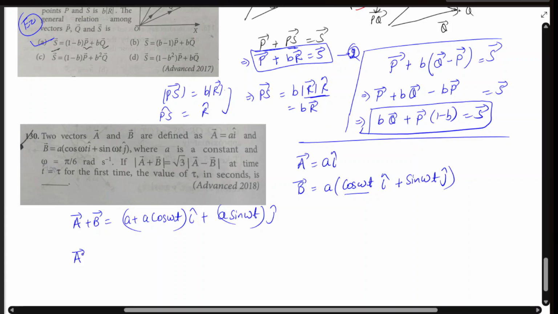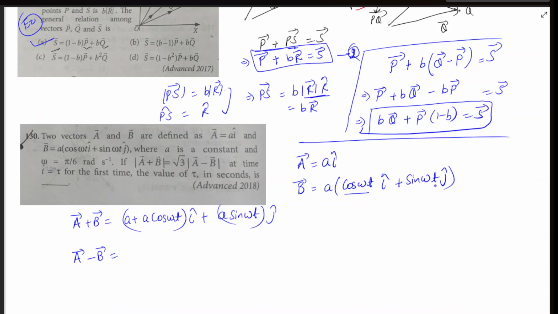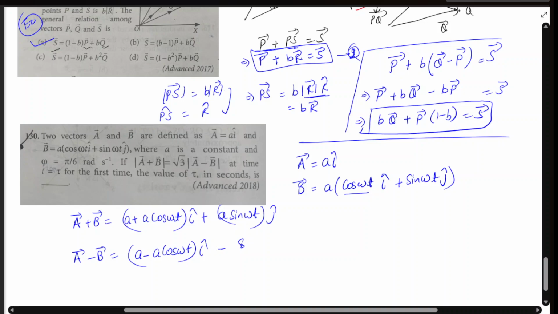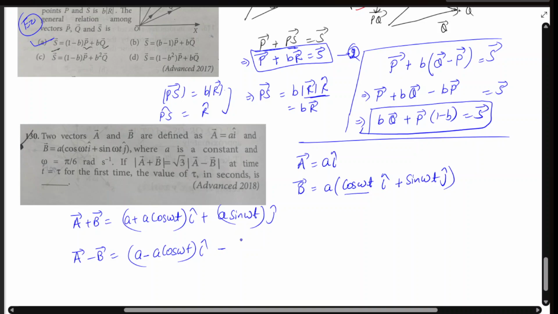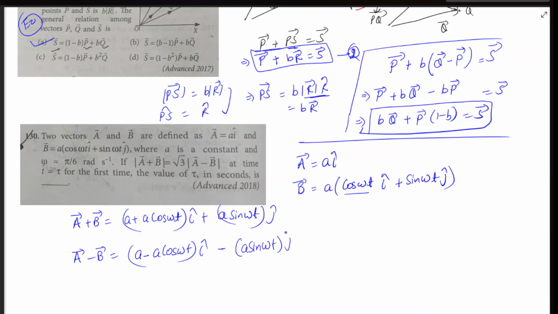Now let's write a minus b vector. A minus b vector will be what? A vector minus this, so it will be a minus a cos omega t I cap minus a sine omega t j cap.